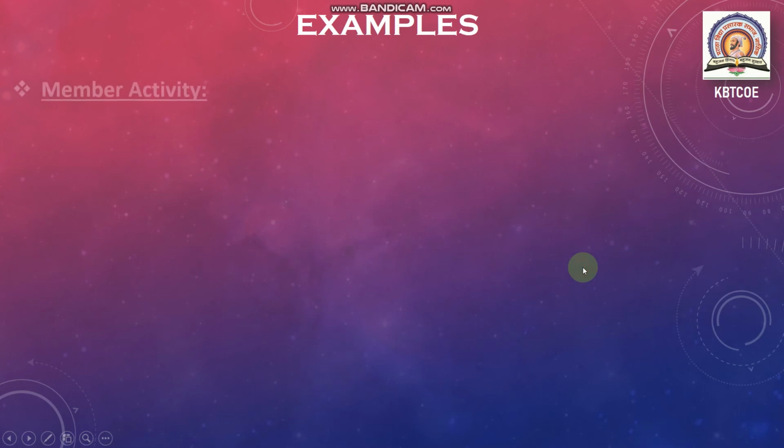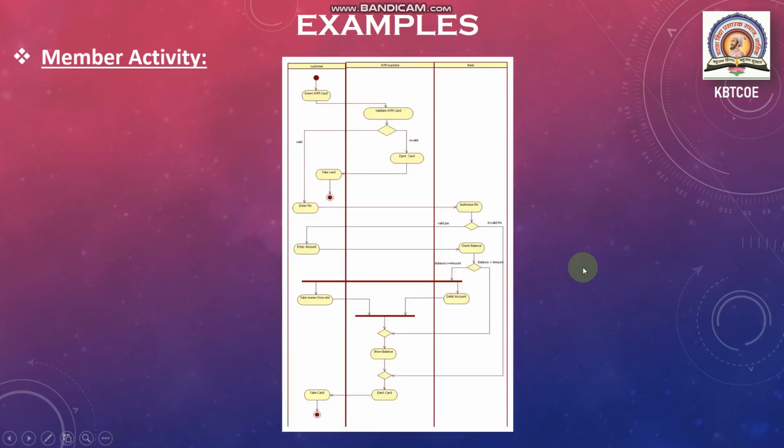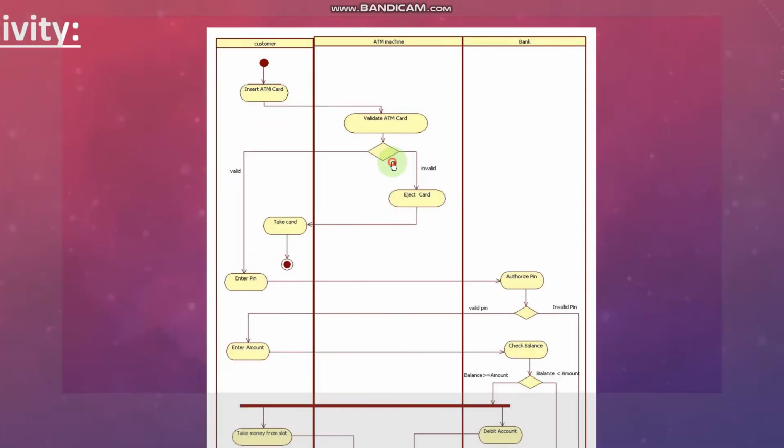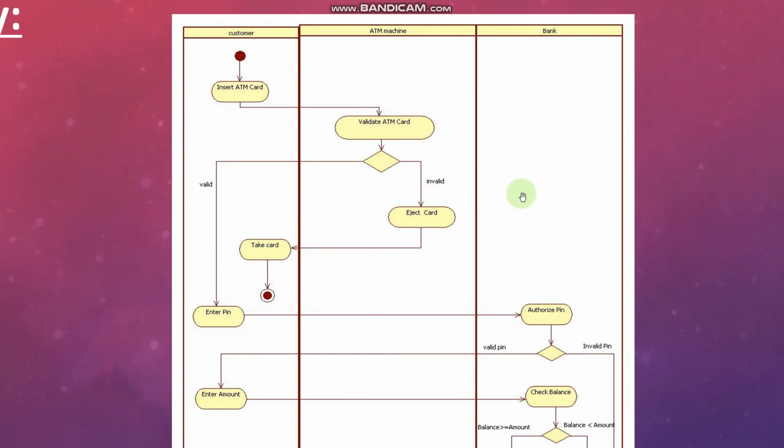Now let's move forward with our final example, the second approach of drawing an activity diagram, that is a swim lane diagram. Let me zoom this for you. This is an example of withdrawing an amount from an ATM machine.